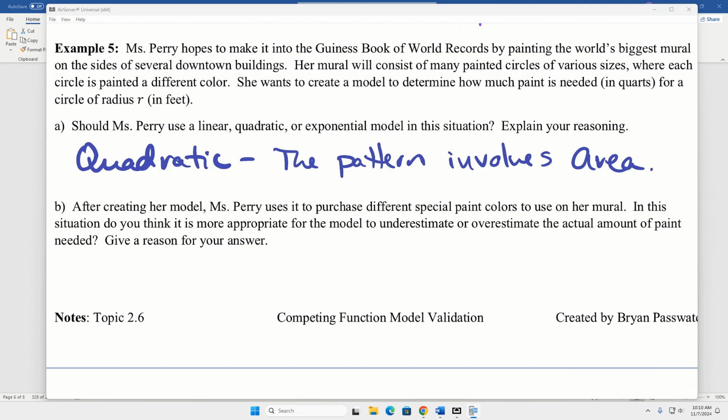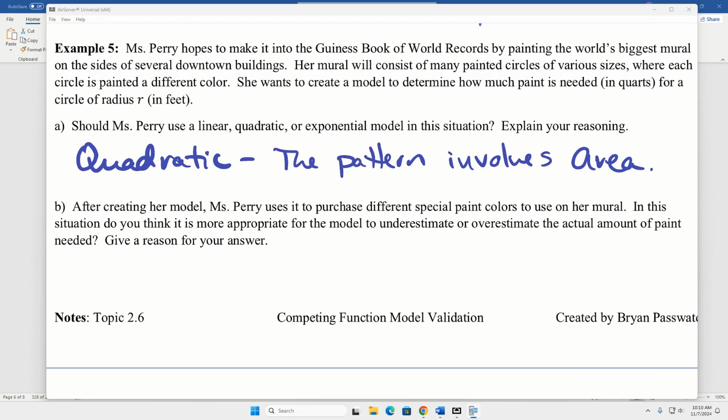So when I first read it, I was like, well, which would be most helpful for the model to over or under? What would you answer that question for? Over, so she wouldn't run out of paint. But then I was thinking, I don't know if that's really what it meant. So then I thought, well, maybe it's like in reality, when she did this painting, would the model over or underestimate how much paint she actually used? I think that might be what the question's asking.